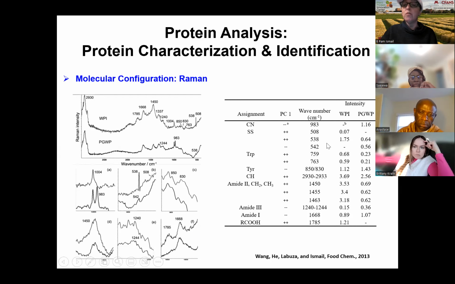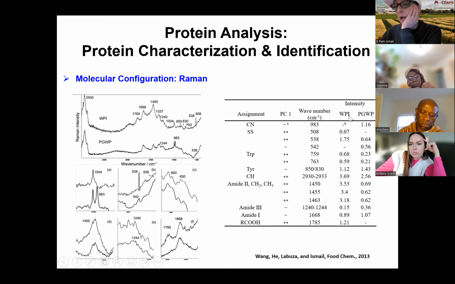And then we see different bands that are present in the glycated sample and not present in the non-glycated sample. We see tryptophan and tyrosine shifts, which is an indication of partial unfolding. We see changes in the ionization. This carboxyl group is not dissociated in the whey protein, but it's completely dissociated in the glycated sample.